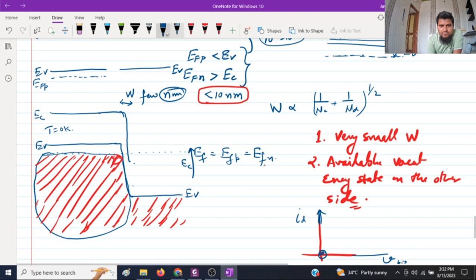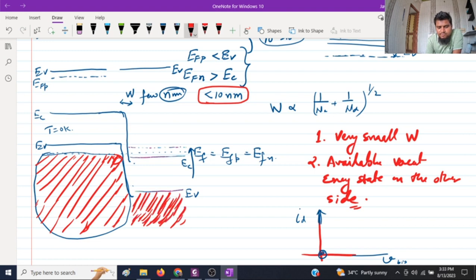A little this will go up, EC will also go a little up, EV will also go a little upside, with a small forward bias of around a few millivolts.